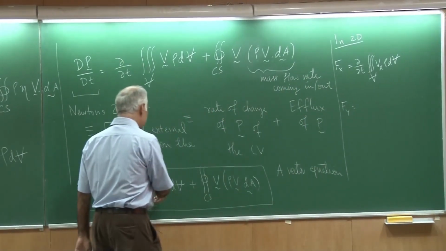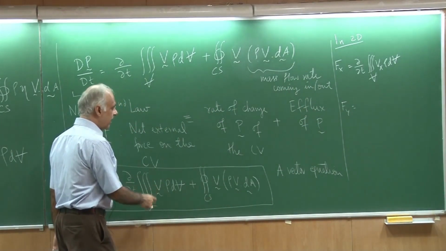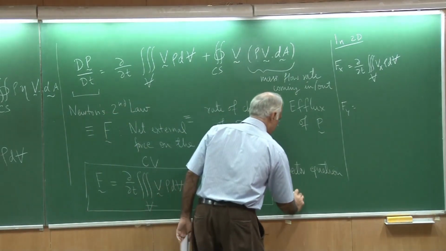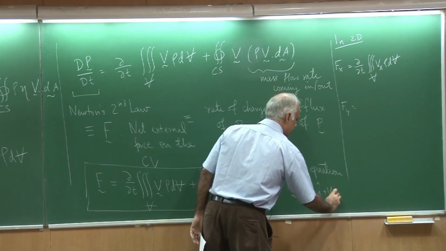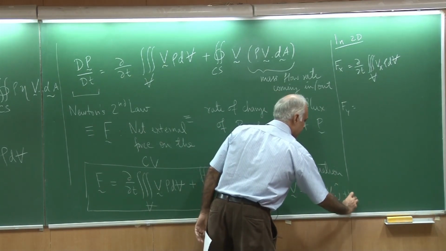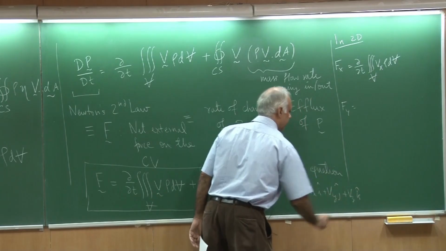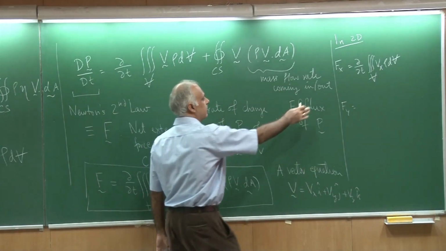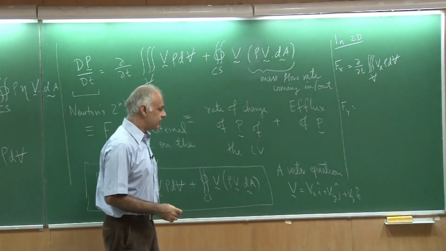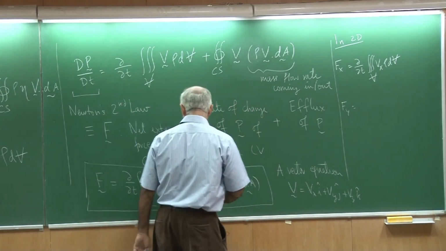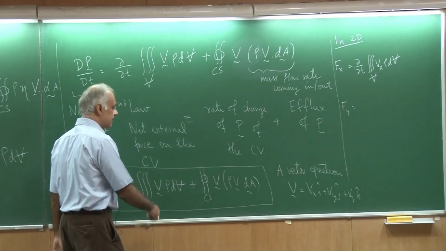So that's the first term. Notice I have assumed that my velocity here is Vx i plus Vy j plus Vz k, but since I am doing a two-dimensional equation on this part of the board, I have only taken the first two parts.